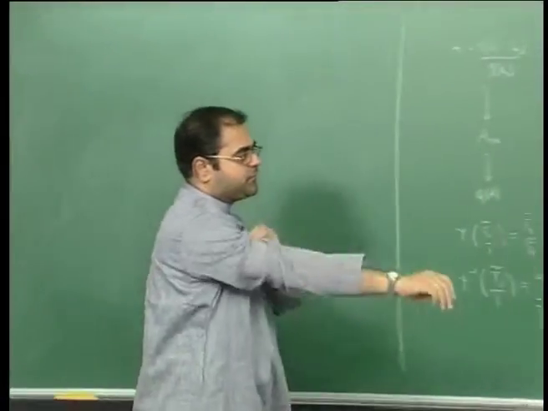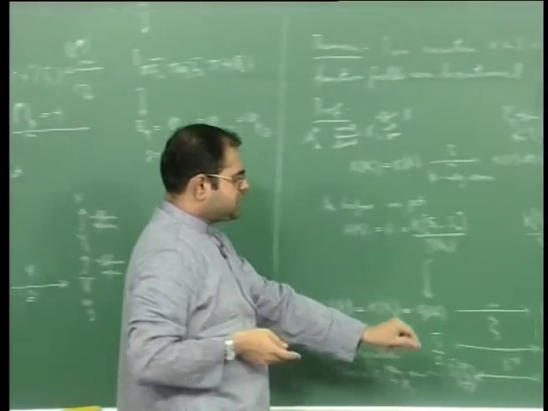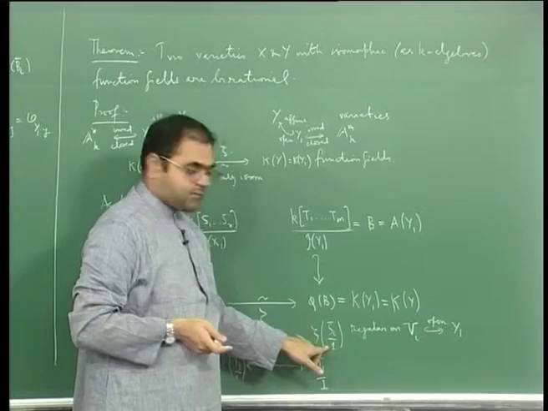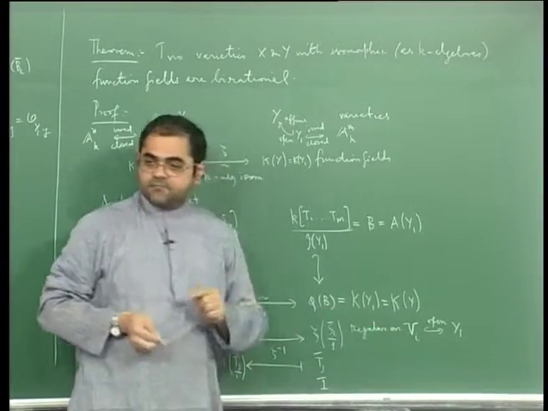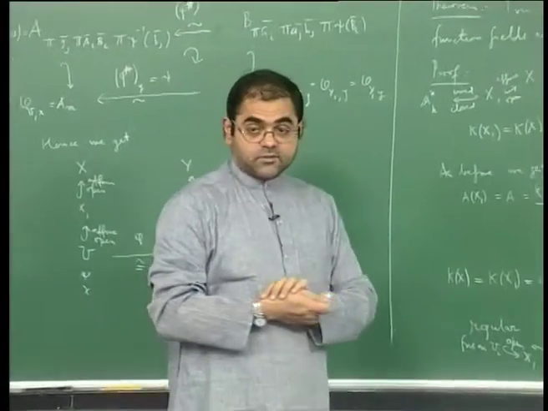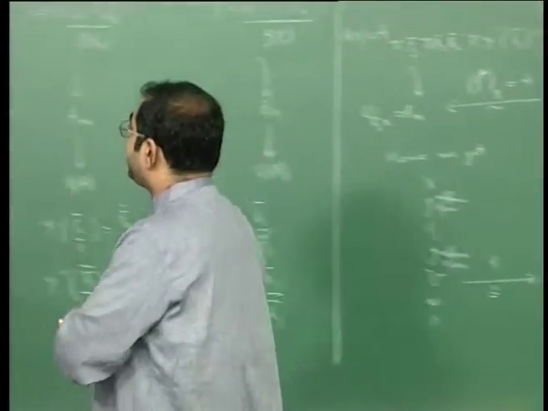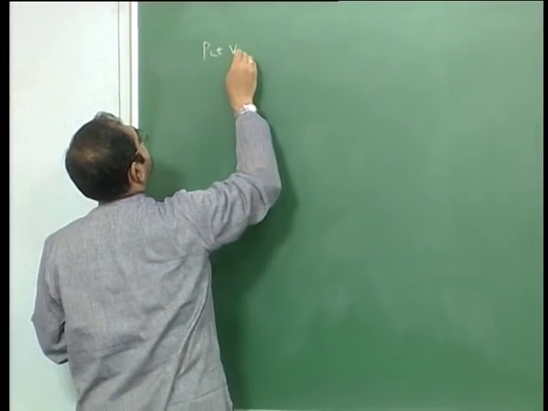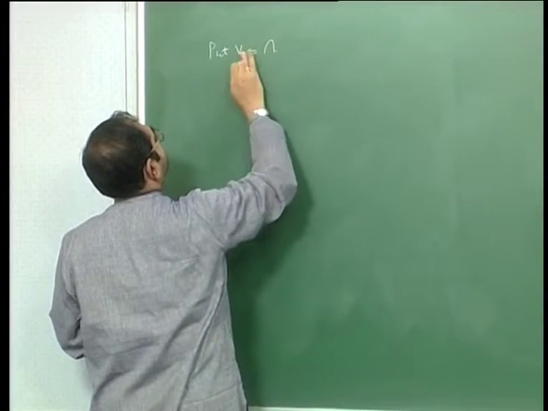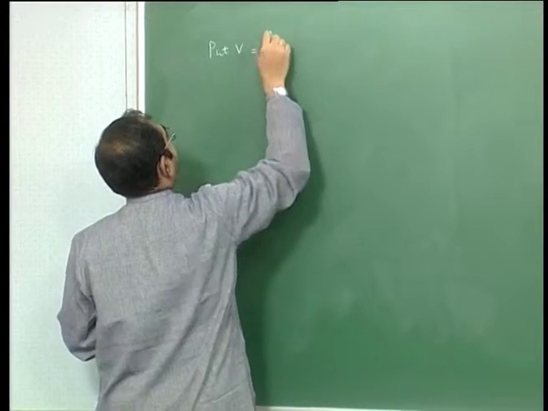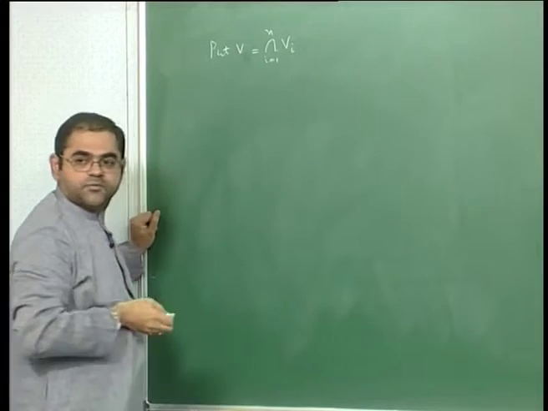So what you do is you do the following thing. So this zeta of Si bar by 1 is a regular function on Vi for each i equal to 1 to n. Now you take the intersection of all those Vi's, put V equal to the intersection over i equal to 1 to n of Vi.